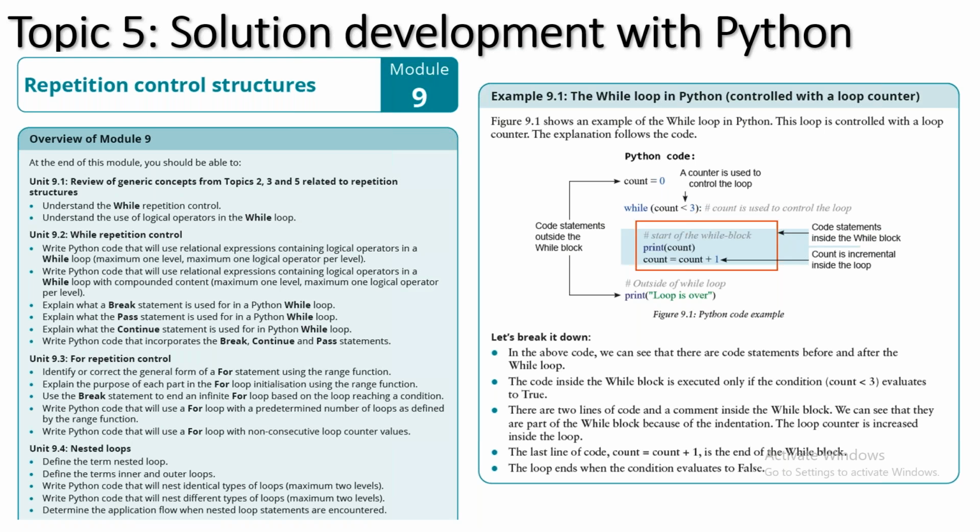So Python will show you a block of code based on indentation. So it isn't like C++ where we would use curly brackets to indicate a particular block of code. So Python does that with indentation.